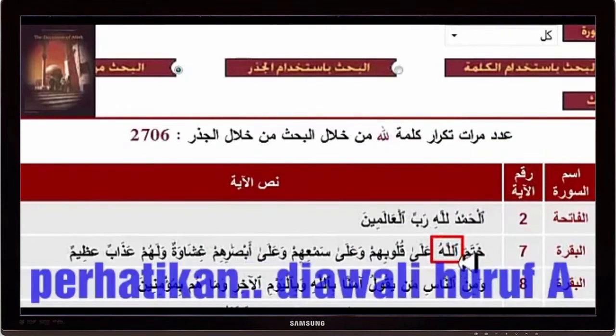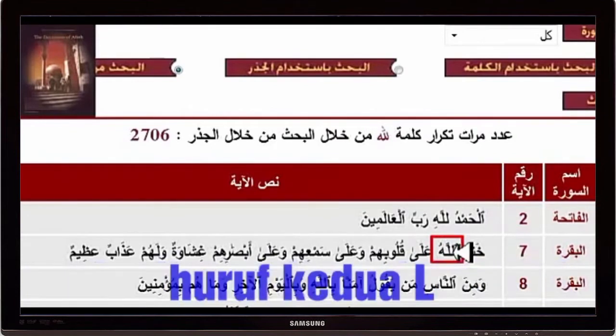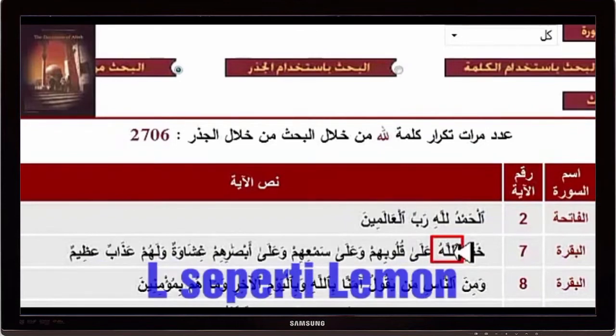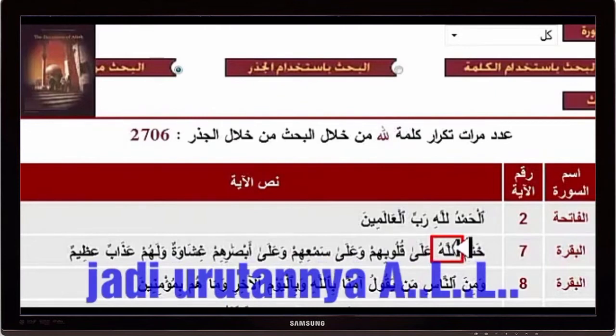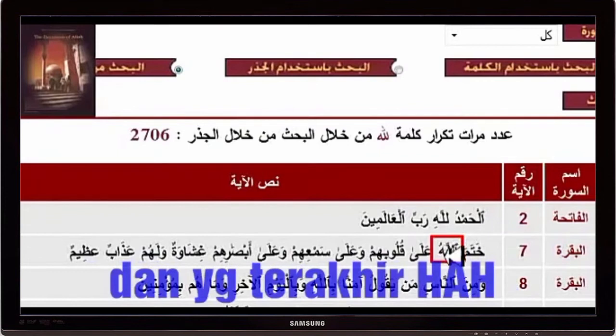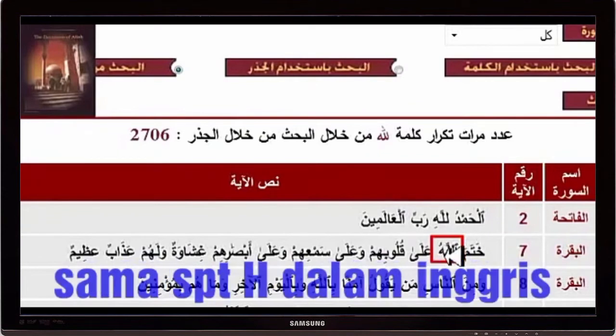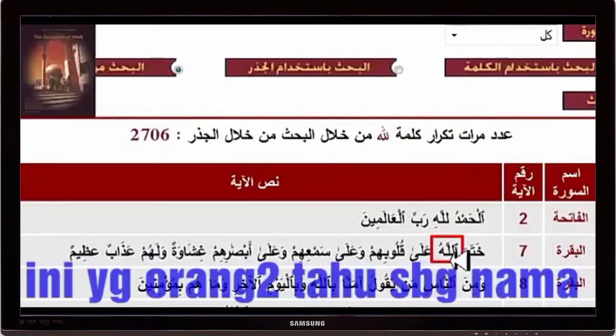You will notice the first letter here is A. The second letter is L, like the L in lemonade in English. The third one is another L. So the first ones are A, L, L, and the last one is Ha, which is the same as H in English. Now this is what people know, that this is the name, but in fact this is not really the name.